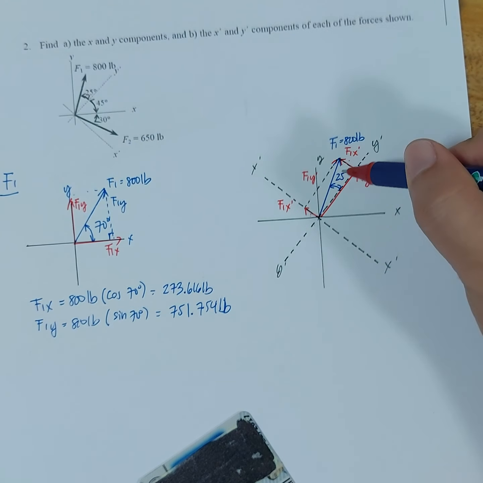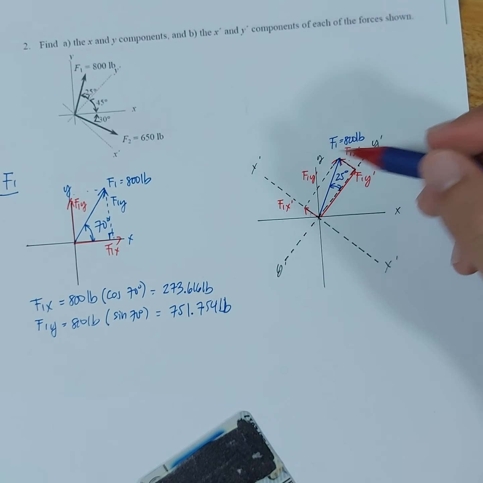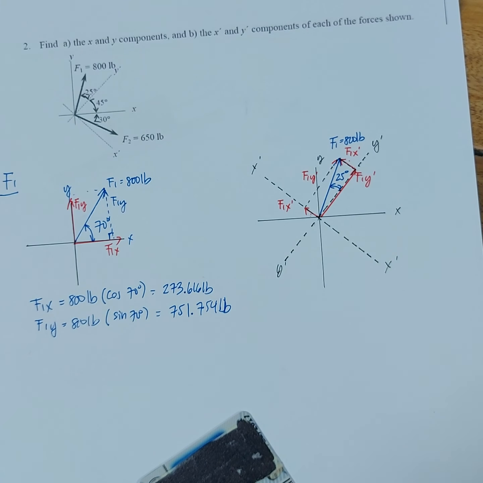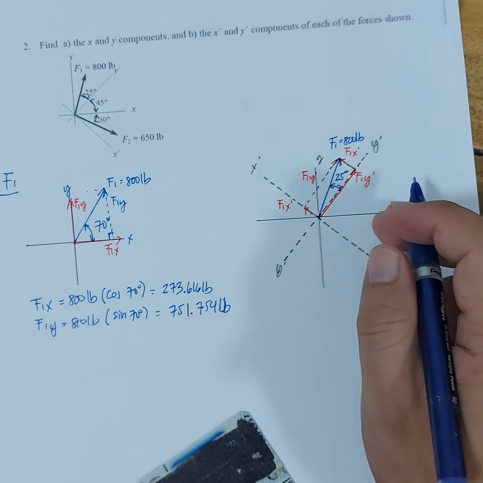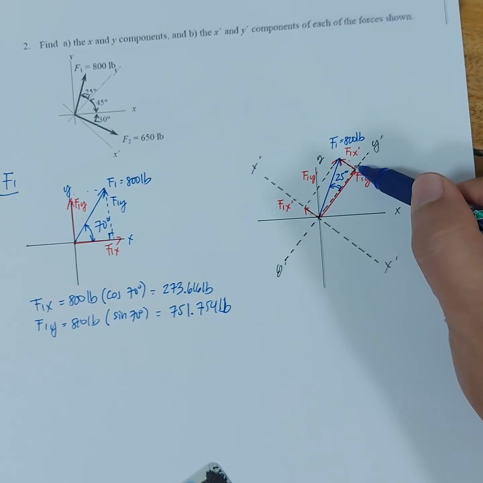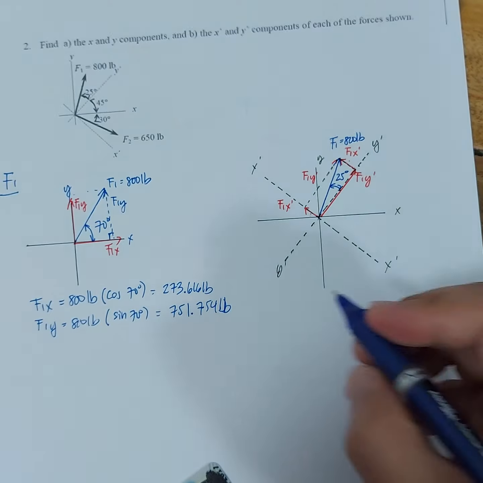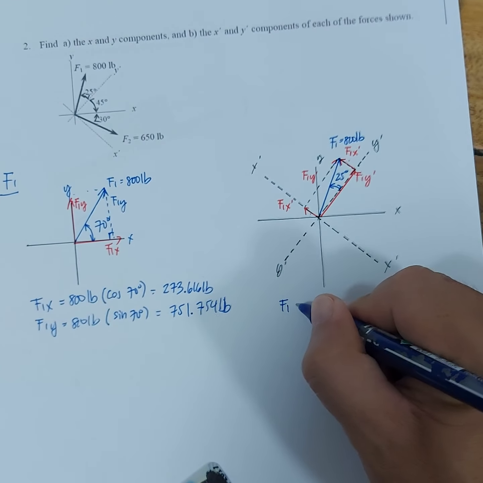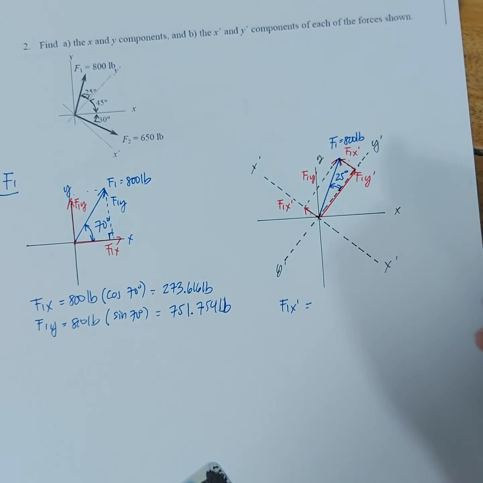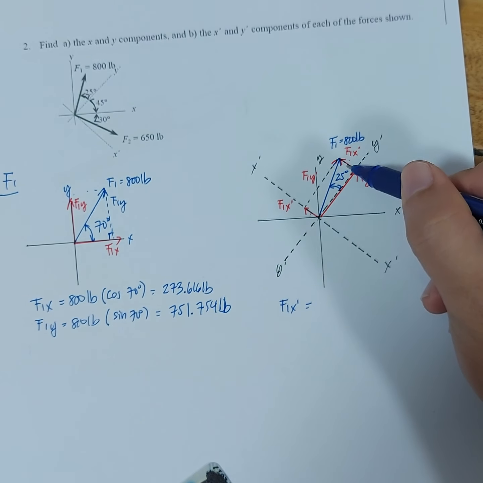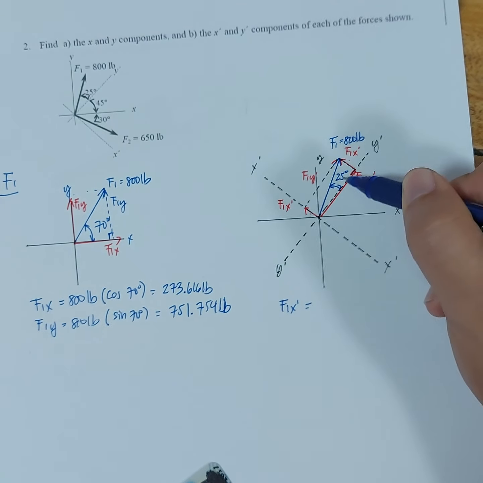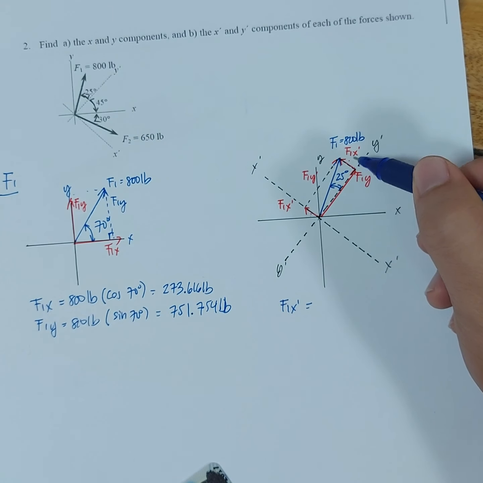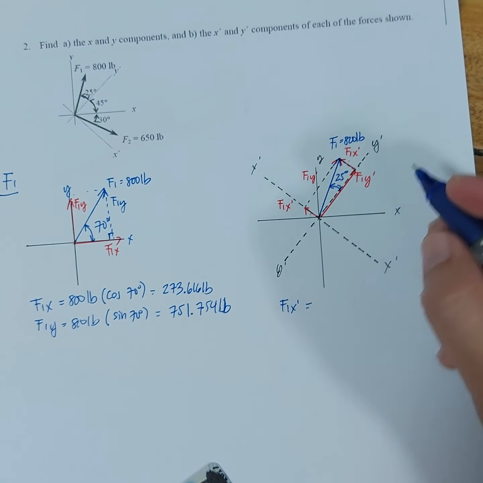So you can isolate any of the two triangles here. Ito na lang yung gamitin natin sa pag-solve ng F1x prime and then F1y prime. So using this triangle, F1x prime is opposite. Kapag opposite, we're going to use sine.